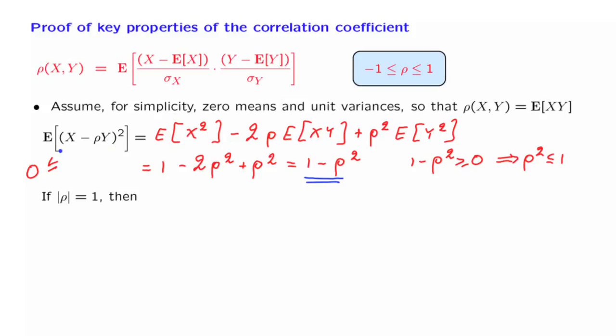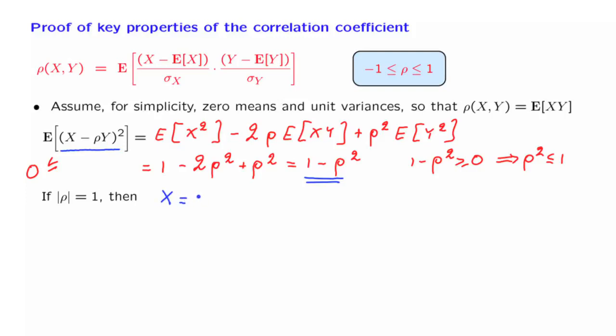Now here we have a non-negative random variable, and its expected value is 0, which means that when we calculate the expected value of this, there will be no positive contributions, and so the only contributions must be equal to 0. This means that x minus rho y has to be equal to 0 with probability 1.